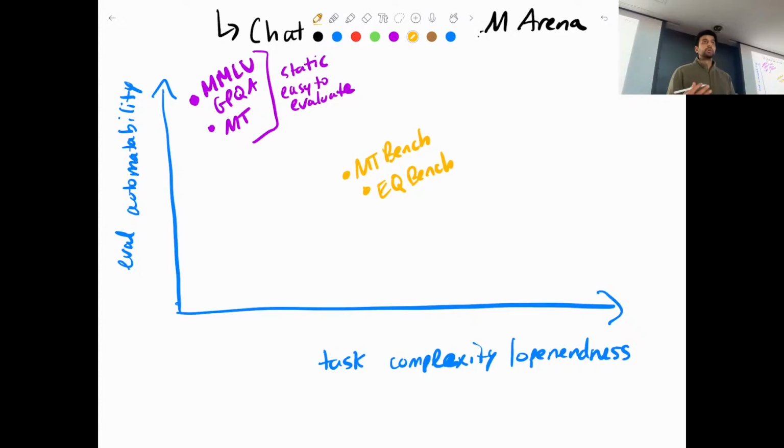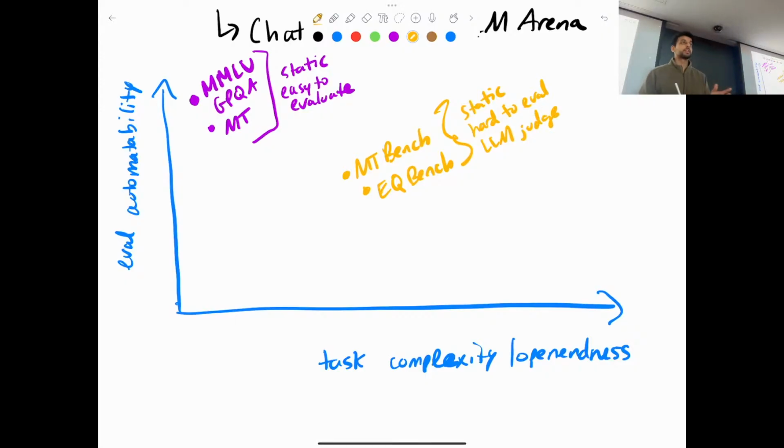And there's no reference output or no easy way to judge the quality of these responses. So these kinds of tasks are generally also static, but hard to eval. And we automatically eval them using what's called an LLM judge. This takes many different forms, has its own flaws, but seems to correlate, at least on some tasks, with human preferences.